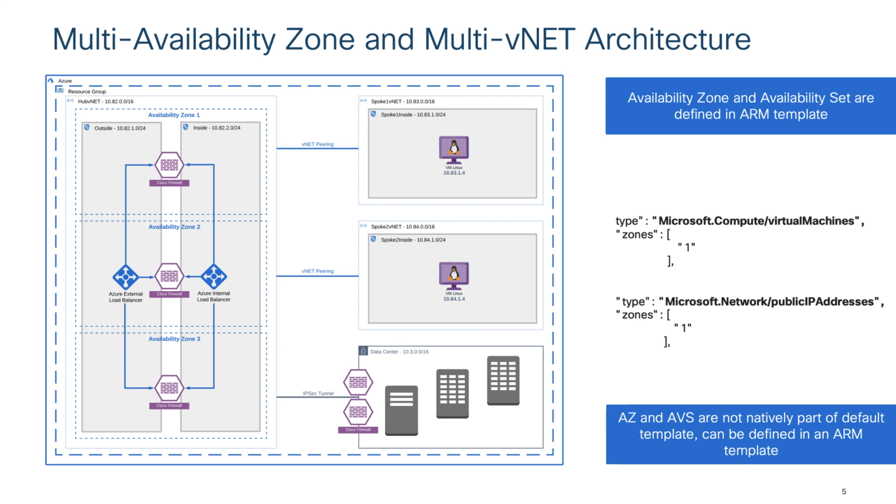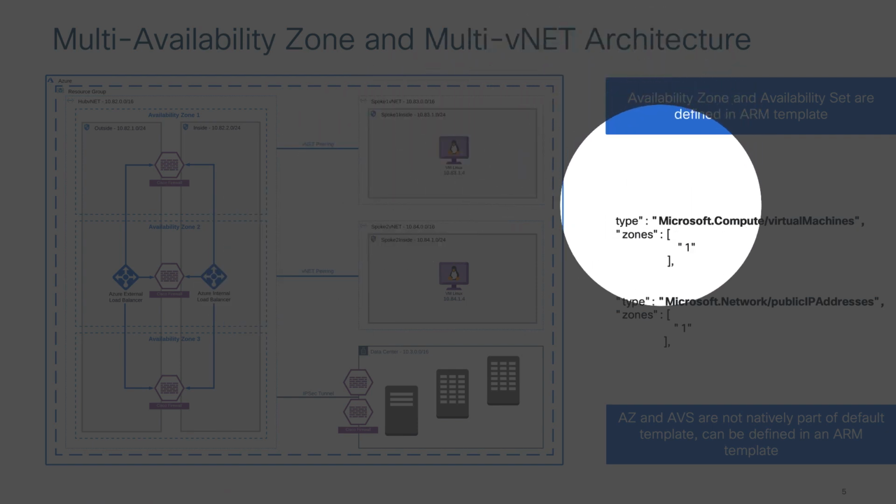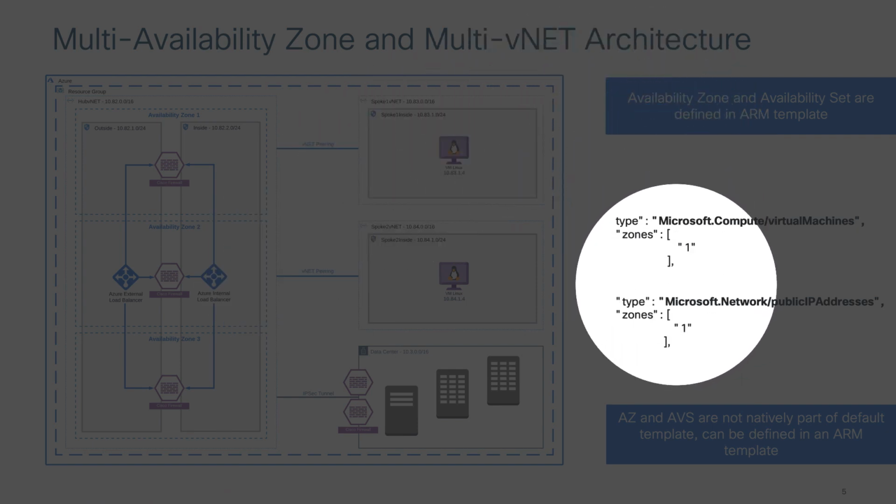By default, when you deploy firewalls using an ARM template, availability zones are not there. So what you need to do is go to your ARM template and add these two attributes, so you need to define zones. For firewall 1 you can say zone 1, for firewall 2 you can say zone 2, and for firewall 3 you can say zone 3.